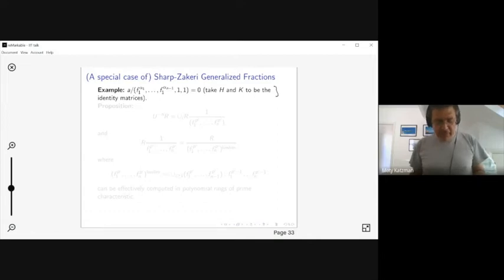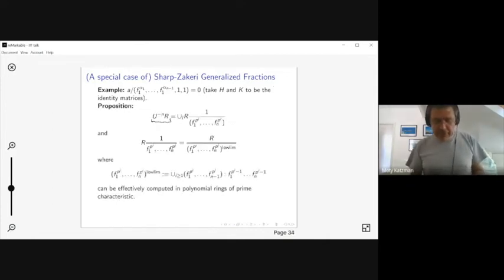So you're going to have faith in me, because I'm not going to show you why this is true. So let's have a look at this module of generalized fractions that I just constructed for you. Then just as in the case of localization at one element, you can write the localization at one element as an ascending union of fractions in which the denominator is higher and higher powers of the thing you're localizing at.